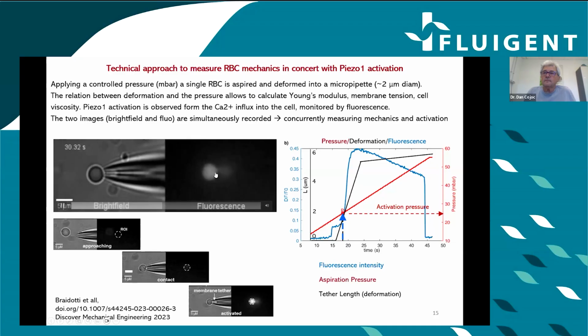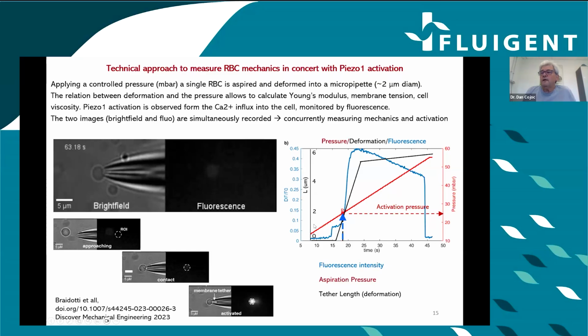The fluorescence increases at the moment, and then we continue increasing the pressure and the fluorescence decreases because the fluorophore bleaches, and also we lose the information because the membrane is destroyed.